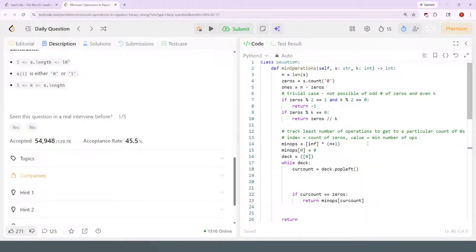And then from K zeros, you can either go more zeros or less zeros. Up to some amount. In order for you to go more zeros, then you need to have enough ones to exchange for that.